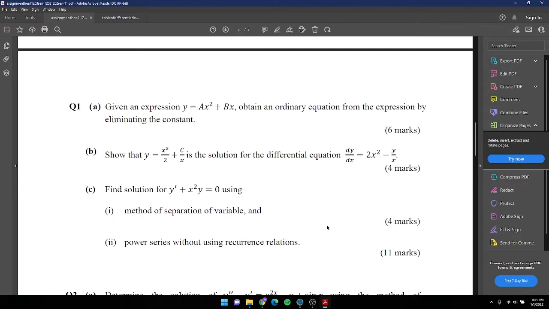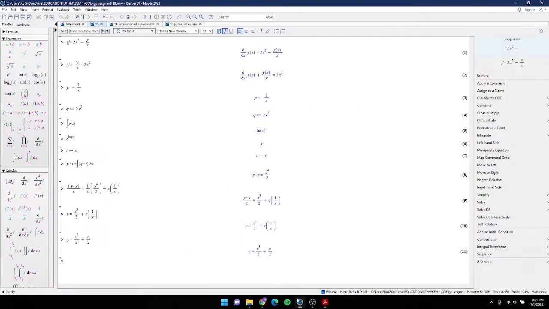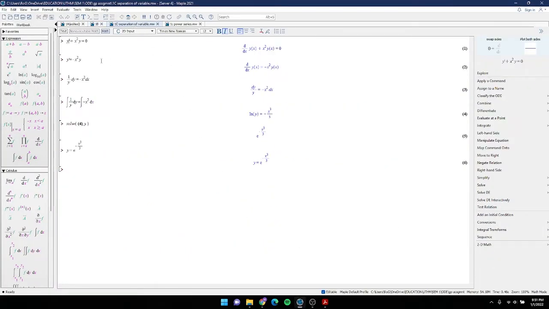Okay, for question 1c, find solution for y prime plus x squared y equal to 0 using method of separation of variables. Okay. First, we must move x squared y to the right hand side, and then it will be y prime equal to negative x squared y.